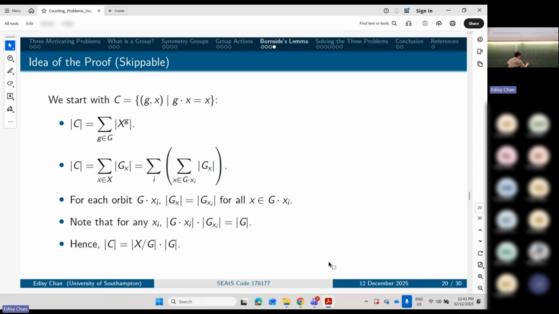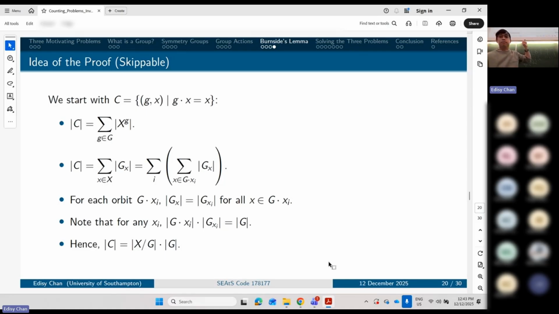So for each orbit, we can pick one guy to be the representative. It's just like a very traditional equivalence class treatment. The other guys inside the same orbit share the same group of fixed points with the representative.